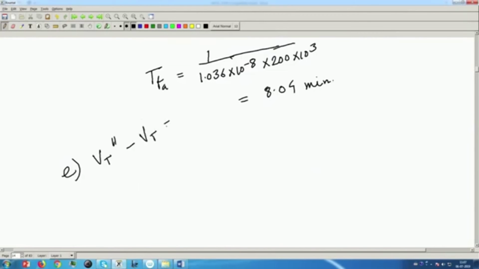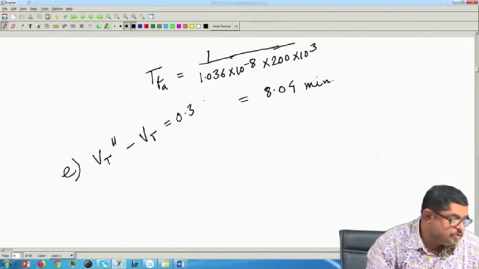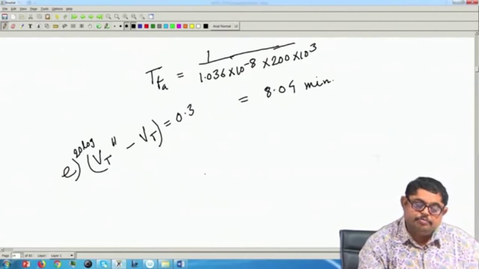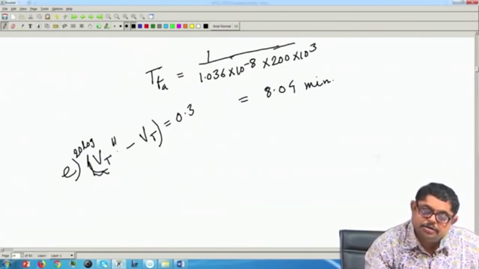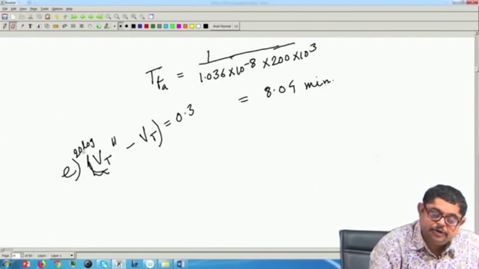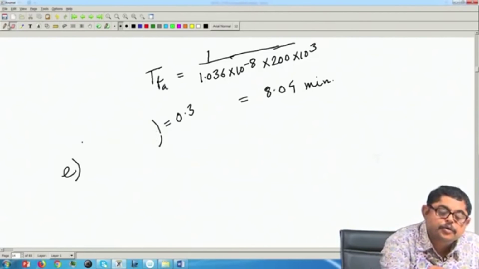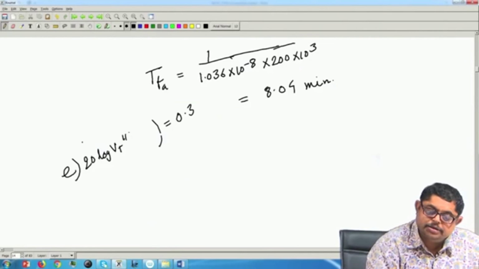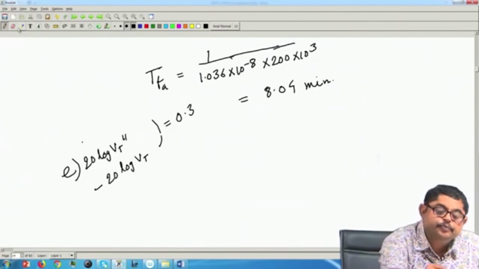So, 20 log Vt double dash minus 20 log Vt is 0.3.